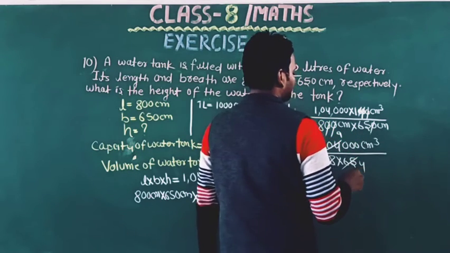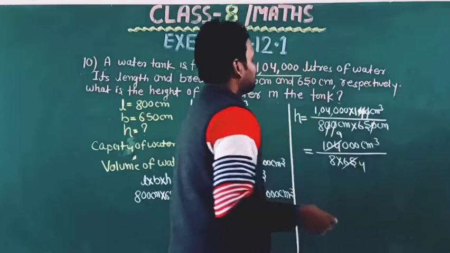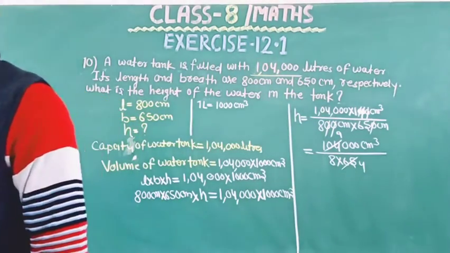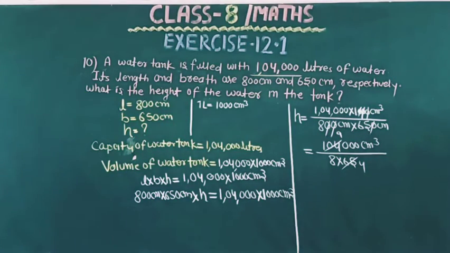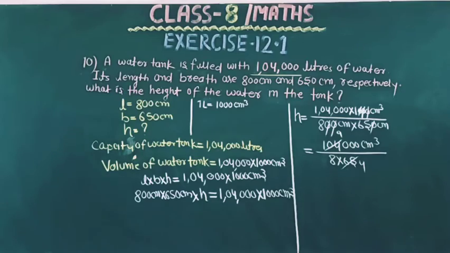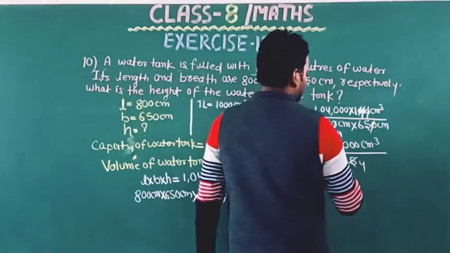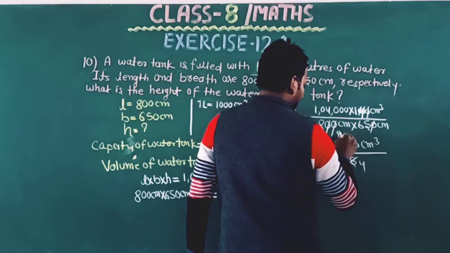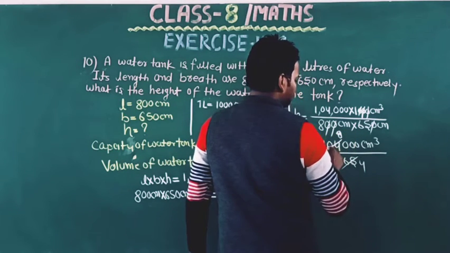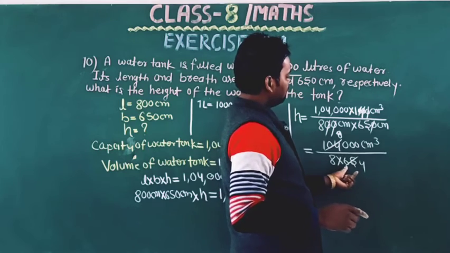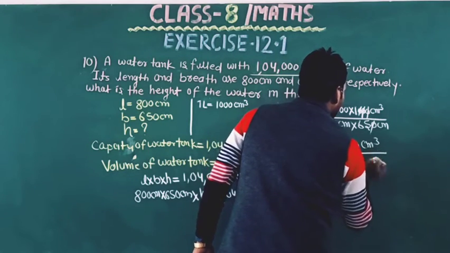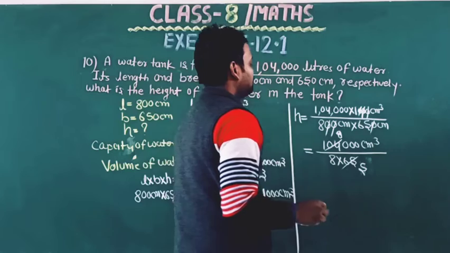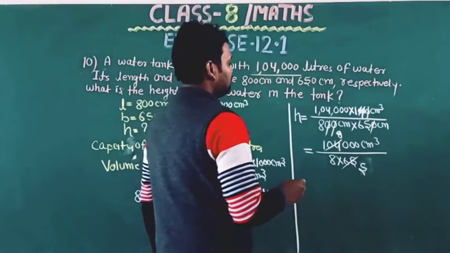104 and 65 cancel out by 13. 13 eights are 104 and 13 fives are 65.